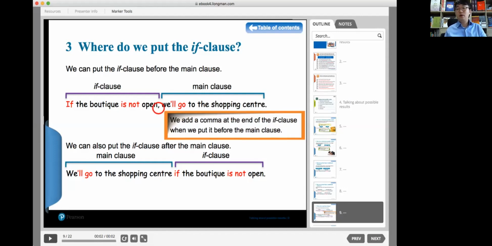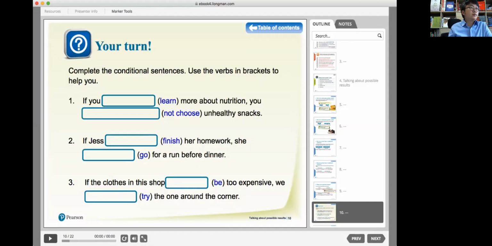However, one slight difference is that if you put the if clause at the beginning, as the first clause in a sentence, you have to add a comma at the end of the if clause, when we put it before the main clause. Now, let's have some exercises.